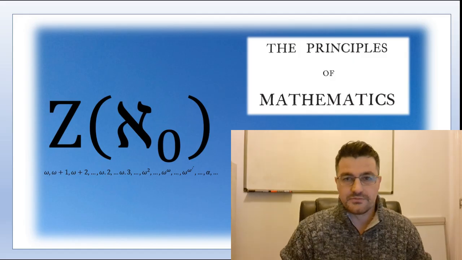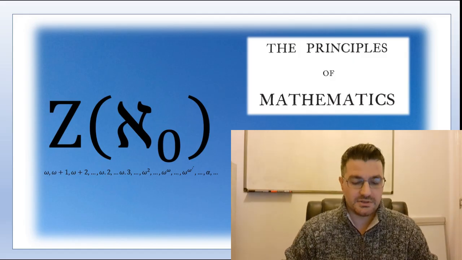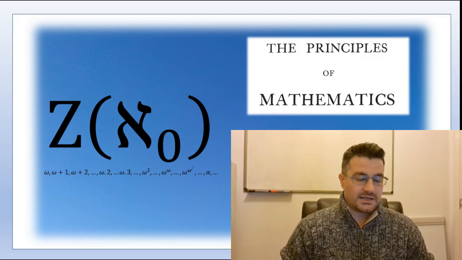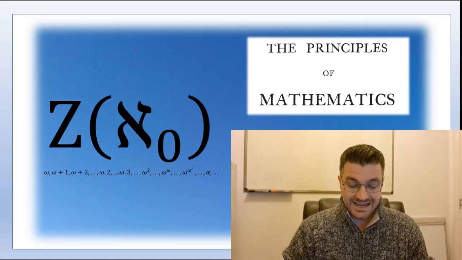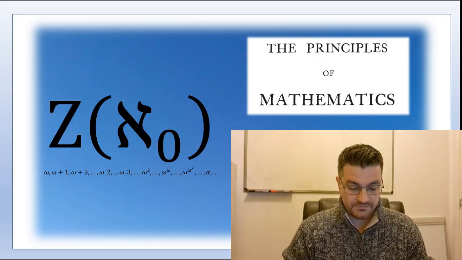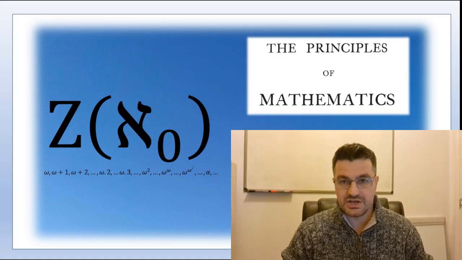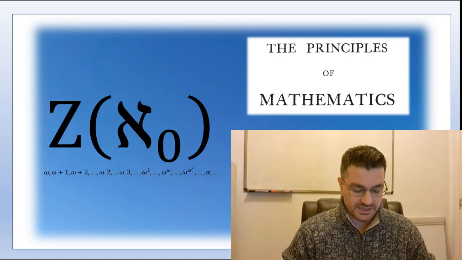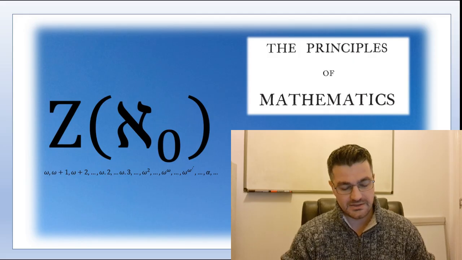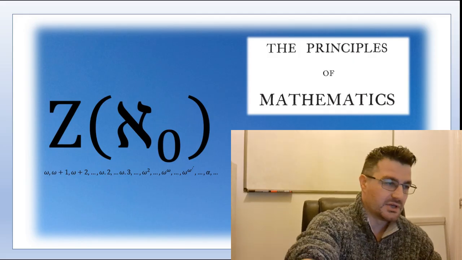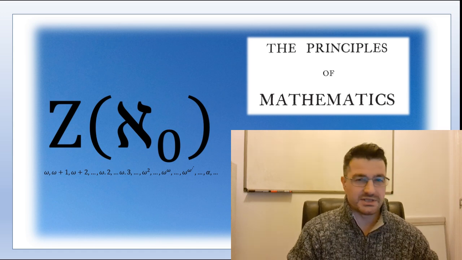There are a couple of paragraphs in this chapter that I don't fully understand. I can't really say that I necessarily fully understand anything in this book. But there are a couple in here which I really haven't satisfied myself what I think Russell is talking about.